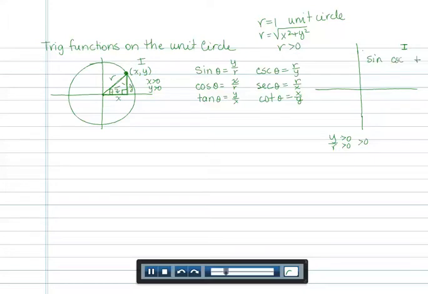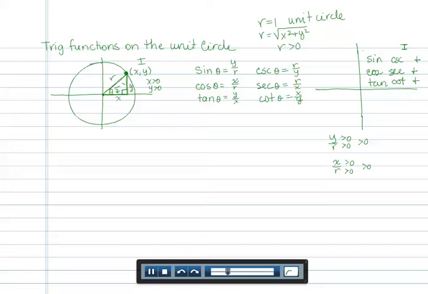The cosine is x over r. If x is positive and r is positive, the whole thing is positive. So the cosine and the secant are positive. The same goes for the tangent, which is y over x. Y is positive, x is positive, so it is positive along with its reciprocal.